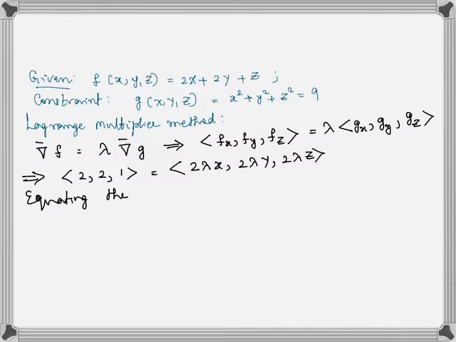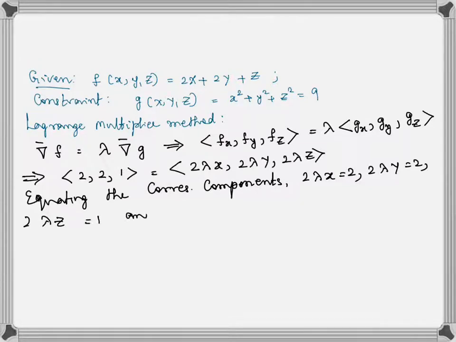Equating the corresponding components on either side, we get three equations: 2 lambda x equal to 2, 2 lambda y equal to 2, and 2 lambda z equal to 1. And the constraint is x squared plus y squared plus z squared equal to 9.